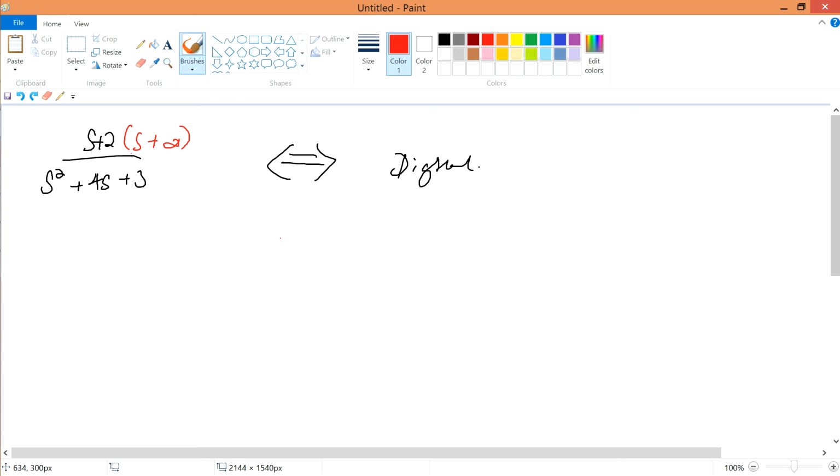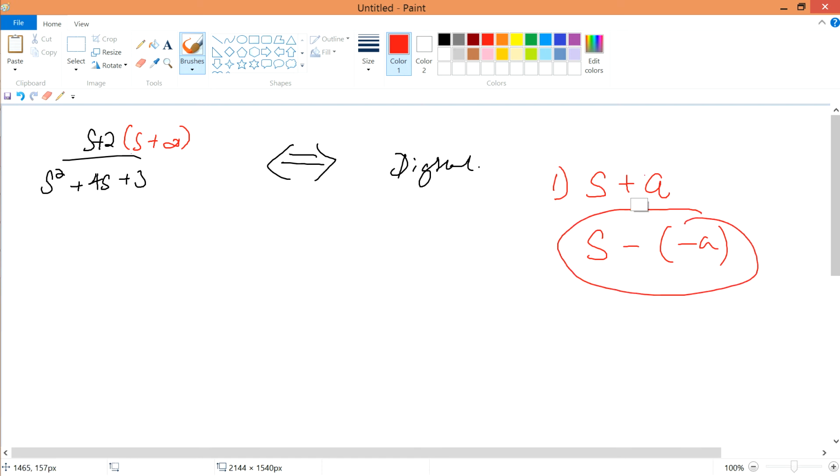Okay? So next what we're going to do is redefine this whole transfer function. I'm going to give you this understanding: S plus A, for any A, is equal to S minus A. So I just repeat again, S plus A, I write it as S minus A. So minus A is still S plus A. I just need to rewrite it in this form.